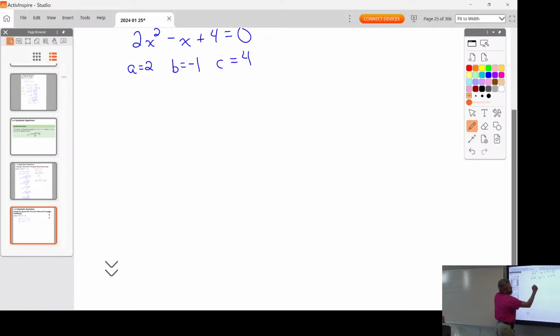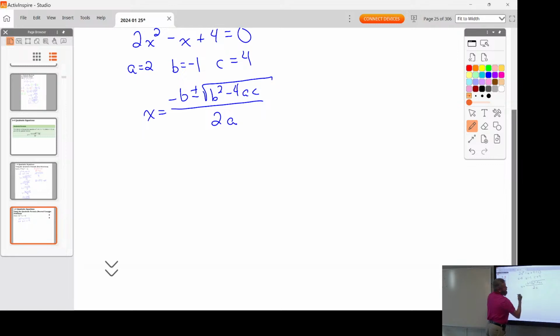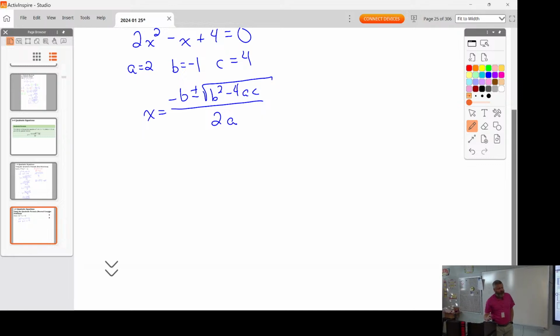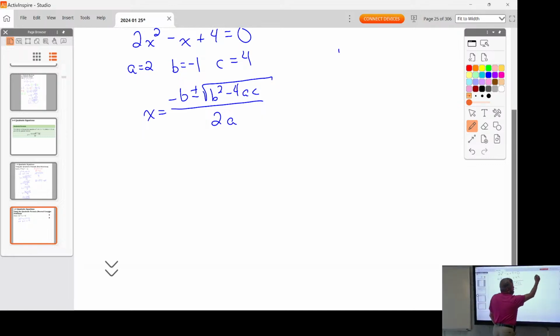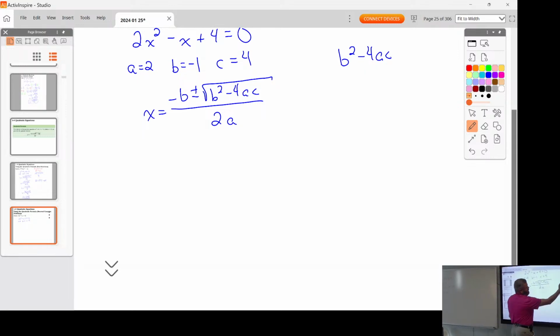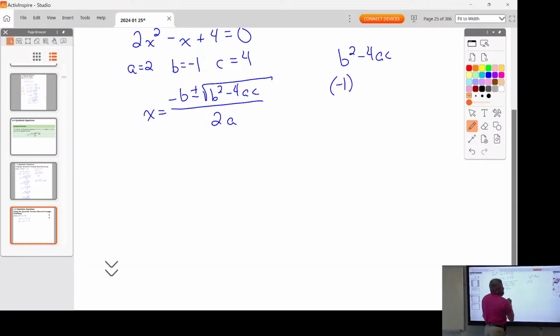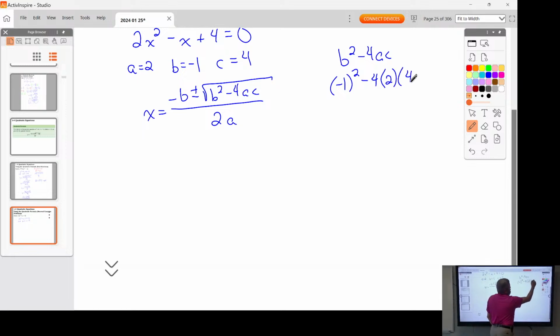Quadratic formula. X is equal to negative b plus or minus the square root of b squared minus 4ac all over 2a. The discriminant is b squared minus 4ac. Plug our values in. B is -1 in parentheses squared minus 4 times a, which is 2, times c, which is 4.